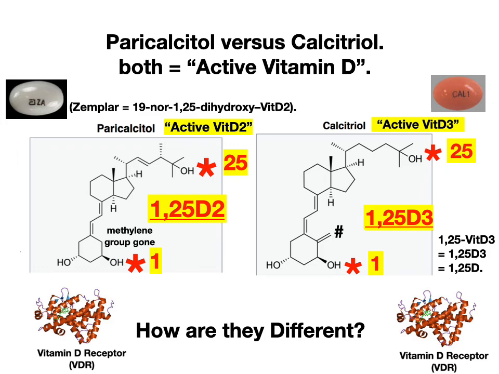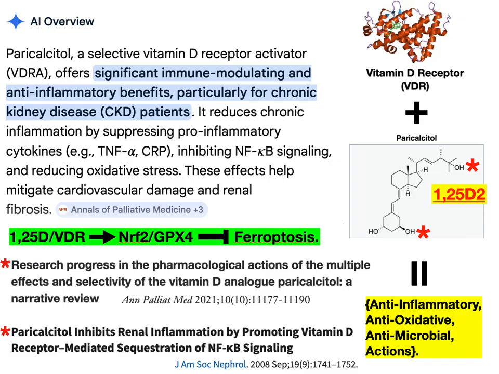On the right, you see different abbreviations for calcitriol: 1,25 vitamin D3, which can be abbreviated as 1,25-D3, or simply 1,25-D. Let us now shift the narrative to paricalcitol, 1,25 vitamin D2.